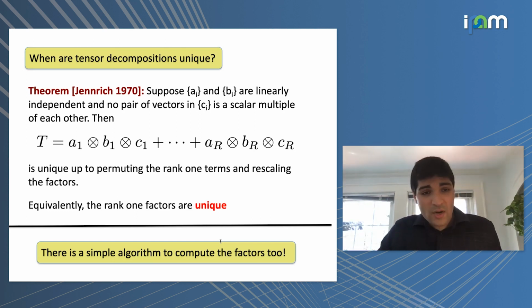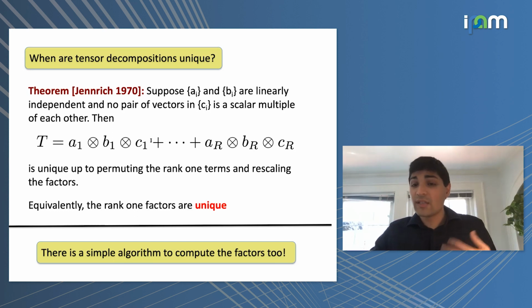So one thing that I want to comment on is the conditions in Jennrich's algorithm. If I have a tensor T that's n by n by n, then what's the best possible scenario where this theorem could apply? Well, I need that the factors a_i are linearly independent. So the rank R that I can tolerate is at most n for this type of algorithm.